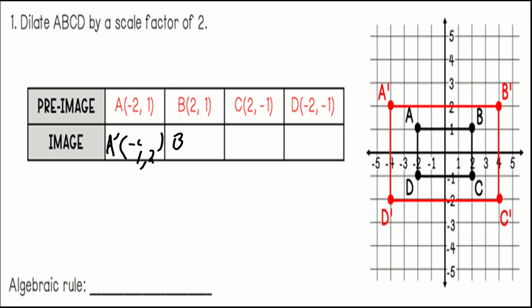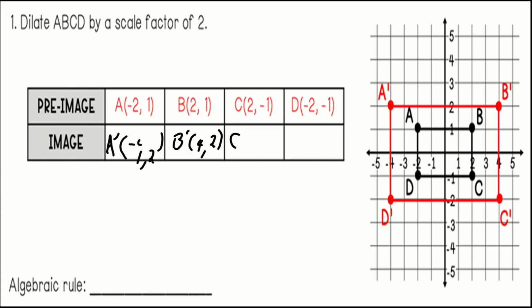For B prime, same idea. 2 times 2 is 4. 1 times 2 is 2. Anytime with these, if the number starts off as negative, it's going to be negative after it's dilated. If it starts off as positive, it's going to be positive after it was dilated.